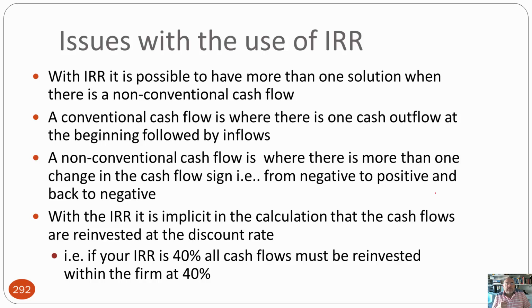Now, stop for a second and think about this. Let's say you've got two projects that you're comparing. If project one gives you an internal rate of return of 10%, and project two gives you an internal rate of return of 20%, you must say that project two is better. Okay? But implicit in that is the idea that any cash flows you get earlier can be made bigger in future by reinvesting them at that rate.